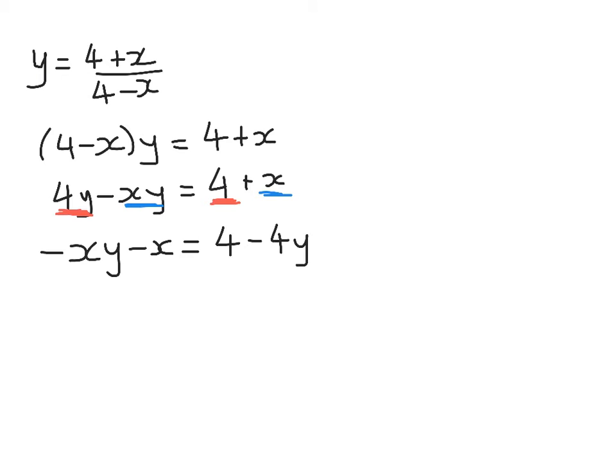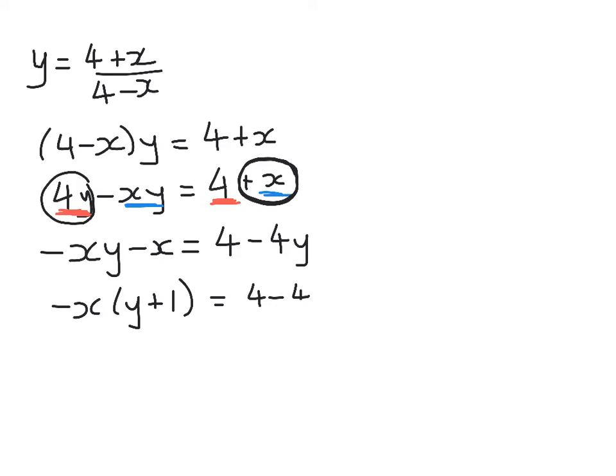Right, so let's just look again at what operations I have done. Well, I've subtracted x from both sides, and I've subtracted 4y from both sides. So now I can factorise. I get negative x times (y plus 1) equals 4 minus 4y. I could factorise the 4 out, but I'm not going to bother.